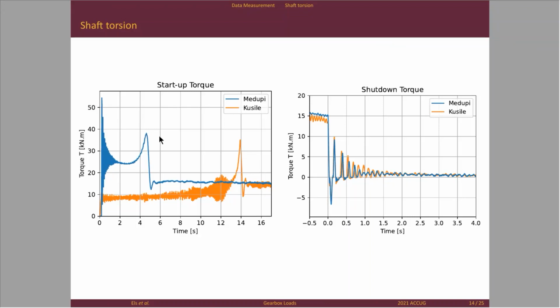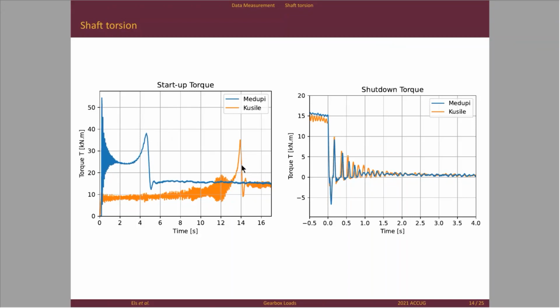Now, the specification for the gearbox, for the pairing, when they specify for the ACC, it is normally this at 5 seconds for direct start, for example, where they say, all right, it must survive 40 kilonewton meter.